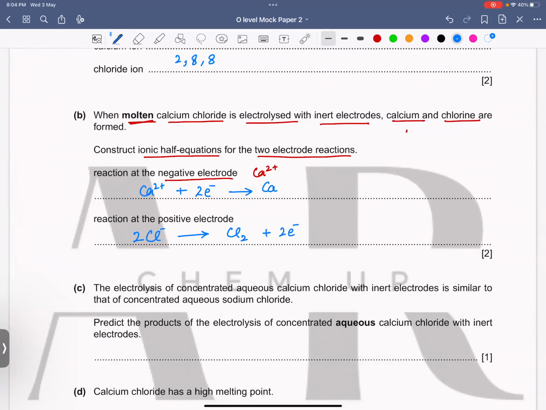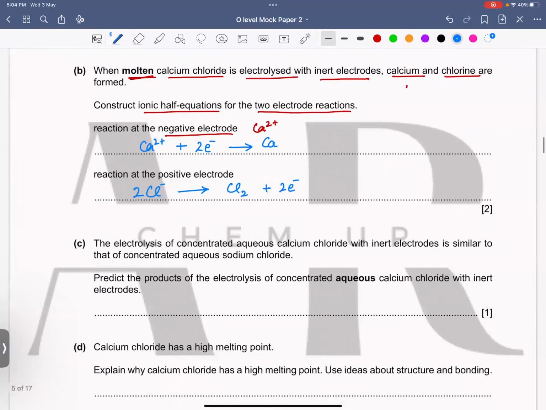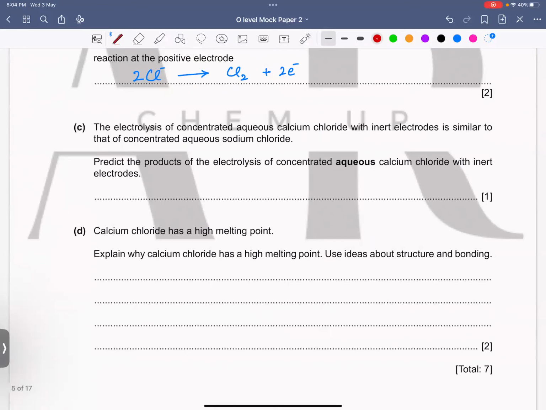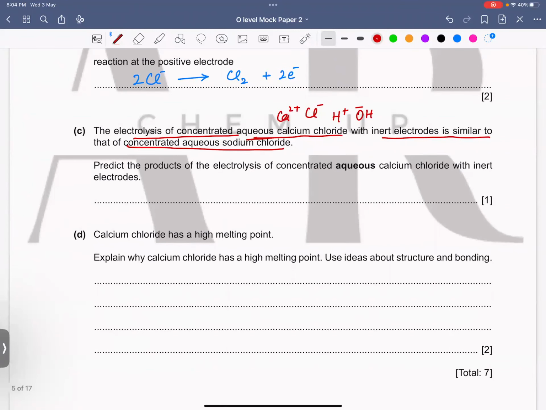Is this clear? Now, C part, the electrolysis of concentrated aqueous calcium chloride. See, it's aqueous concentrated calcium chloride, which means it now has calcium ions, chloride ions, and the ions from the water, that are hydrogen ion and the hydroxide ion, with inert electrodes, similar to concentrated aqueous sodium chloride.